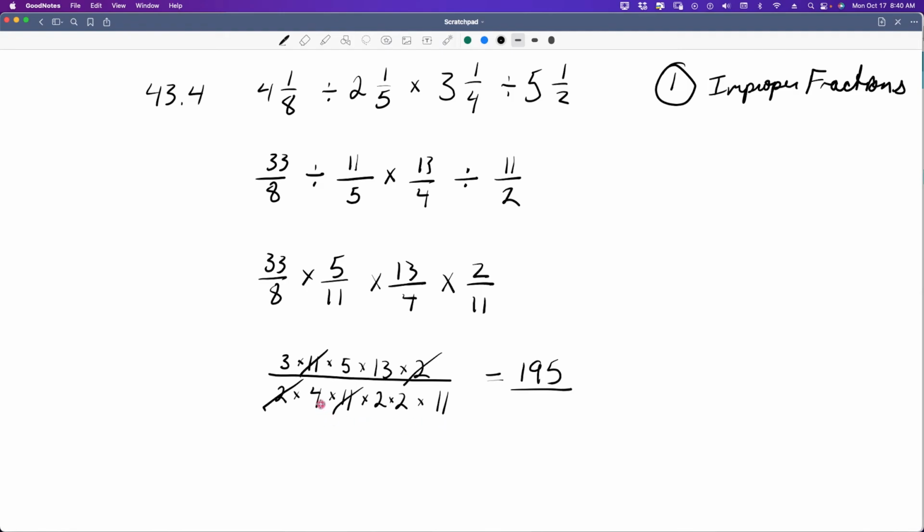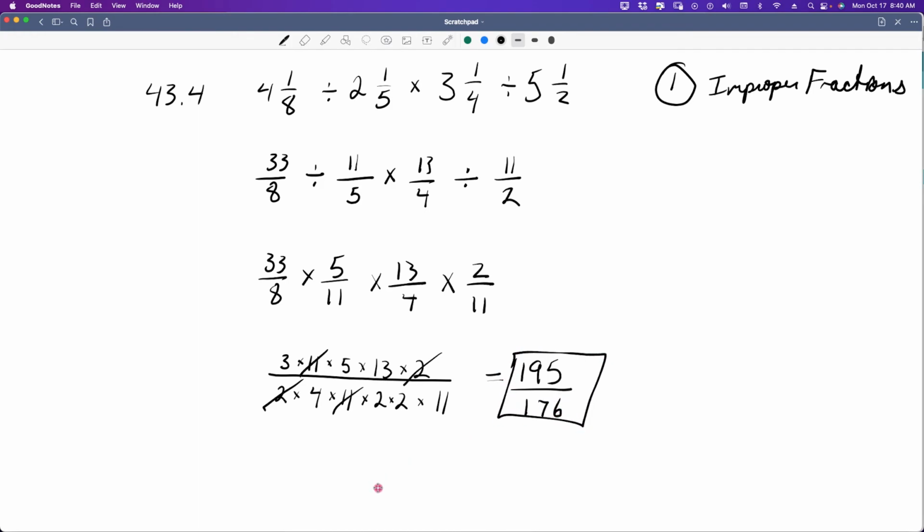All right. Now I have 4 times 2, that's 8. And 8 times 2, that's 16. 16 times 11. So I know 16 times 10 is 160, and 16 times 1 would be 16. So 160 and 16 is 176. And that's my final answer.